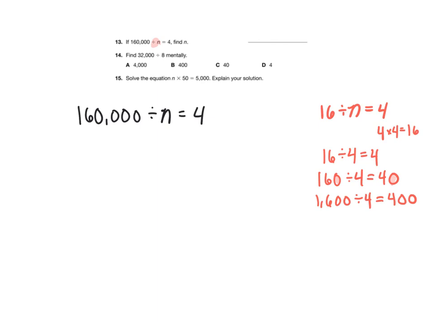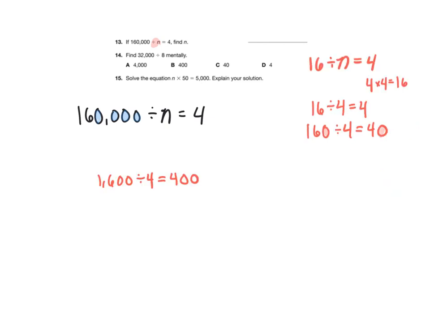Now let's go back over to our crazy problem here. How many zeros do we have here? 1, 2, 3. We have 4 zeros here. Think about what we learned in our fact families. We can take our dividend and flip-flop the divisor, right? And get the quotient.